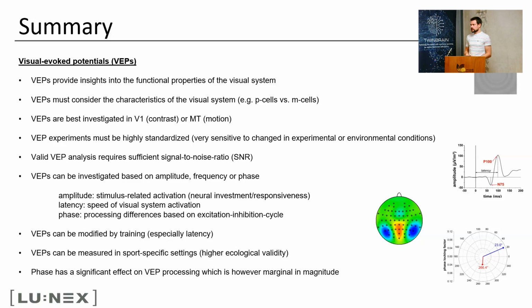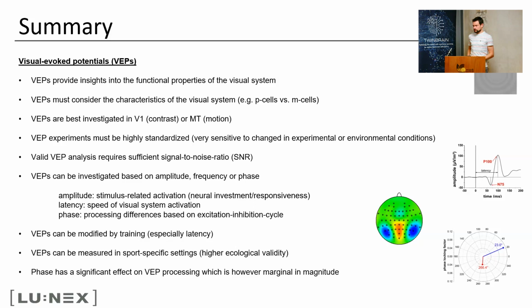What we investigate typically in a VEP are amplitude, frequency, or phase. Frequency not that often, unless you have steady-state visually evoked potentials. However, amplitude, let's say the responsiveness, or sometimes neural investment, depends on what fields you are working in.